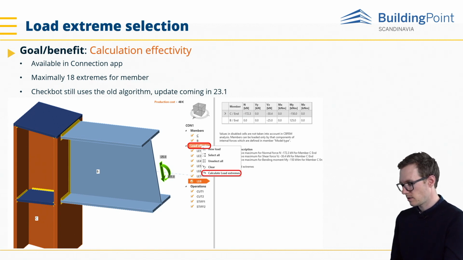So you can get theoretically 18 extremes per one member due to combinations of the stress check. The function is now implemented in the connection module, and Checkbot still uses the old algorithm. But in version 23.1 we might see that it changes.